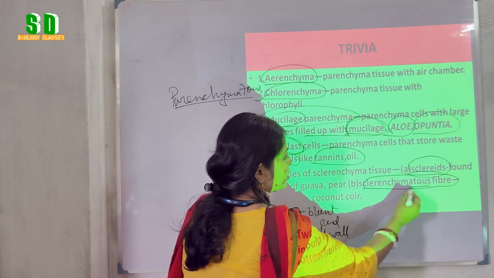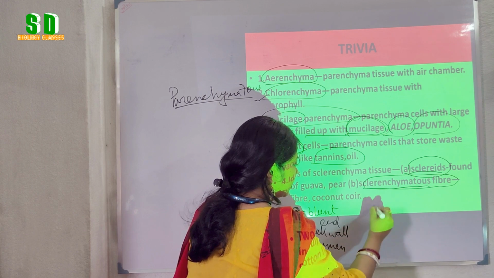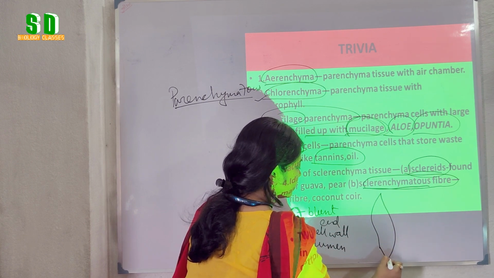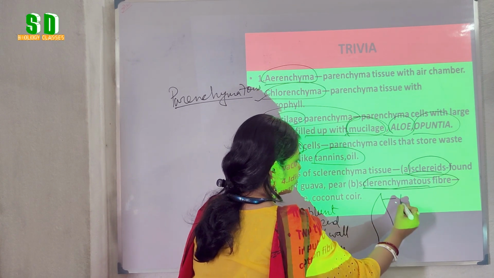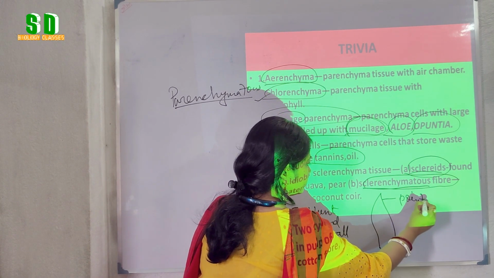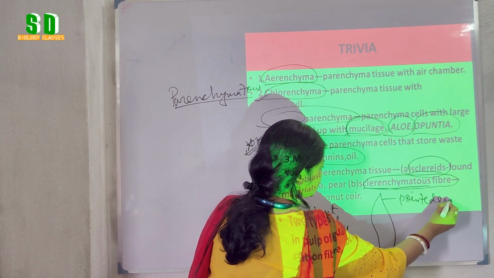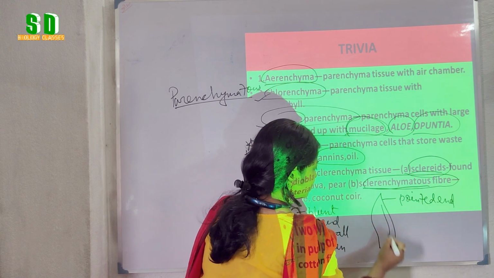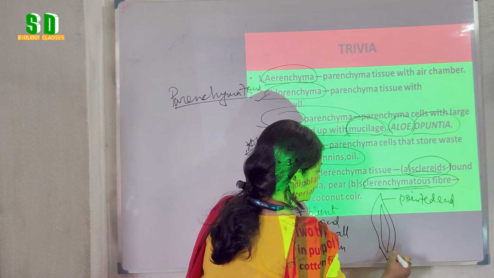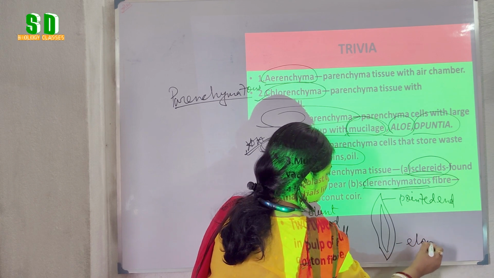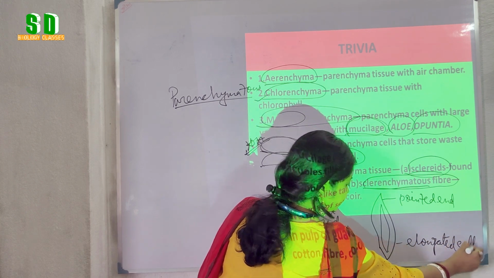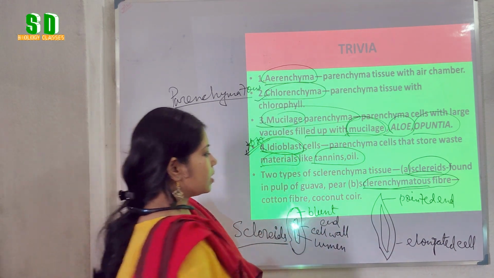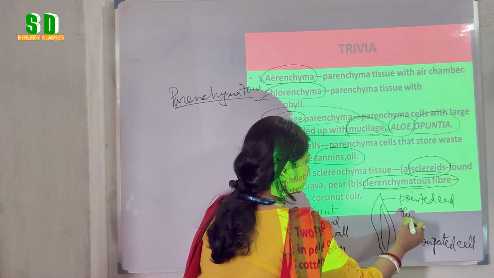Whereas the sclerenchymatous fiber has a pointed end, elongated cell, and thick cell wall.